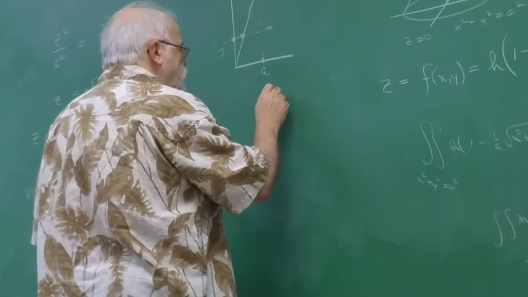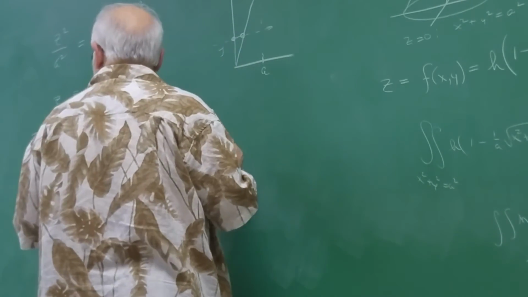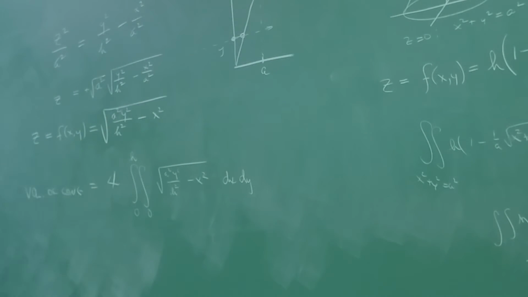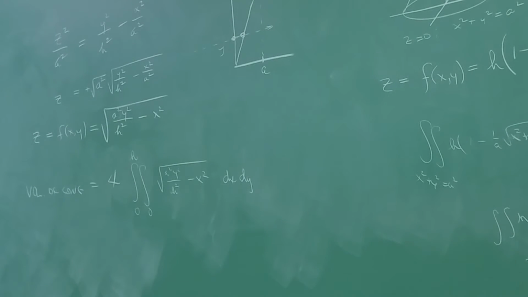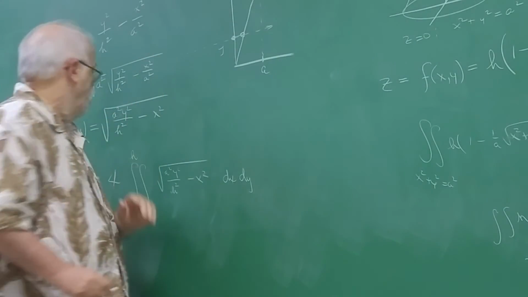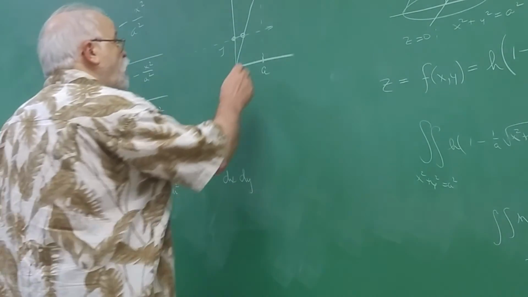So if I put z equal to 0, I've got x squared over a squared equals y squared over h squared. So we're solving it for x, aren't we? We need the x limits. So x is going to equal ay over h.